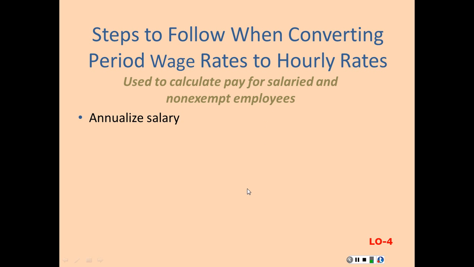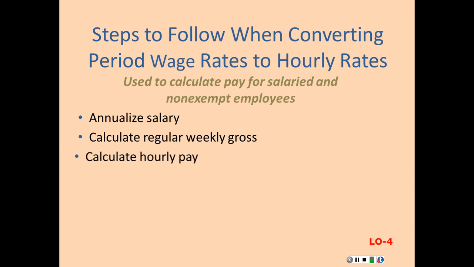Whatever data we're given, we want to push it up to create an annual salary from that agreement. So if we're given a per weekly amount, a per monthly amount, we're going to push it up to an annual salary. And then from that, we can divide it by 52 weeks in a year, and get the weekly gross, and then divide that by usually 40 if the agreement is a 40-hour week.